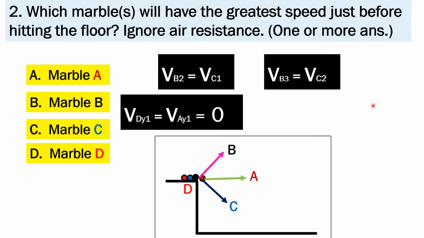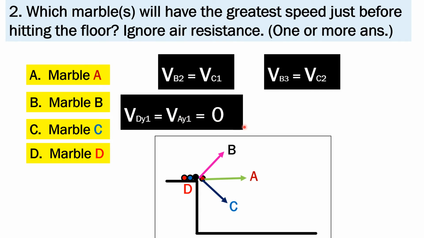Here is the analysis, by the way, before we reveal the answer. This is the analysis in comparing the velocity of marble D with marble A. We say that initially, they don't have the y component of velocity, so both have 0 initial y component of the velocity.